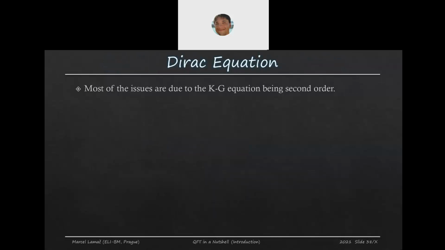However, in the context of this relativistic approach, the search for a relativistic equation for a wave function, this is problematic. We need to interpret the wave function as some probability density according to the tenets of quantum mechanics. Most of the issues are due to the fact that it is second order. That's what gives us the positive and negative energies.